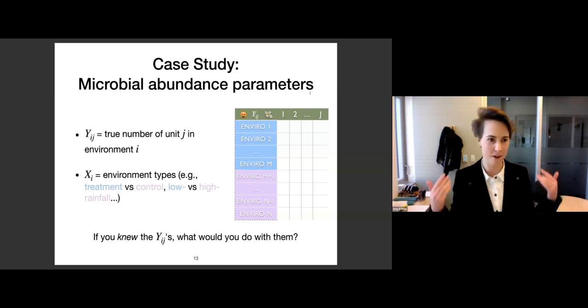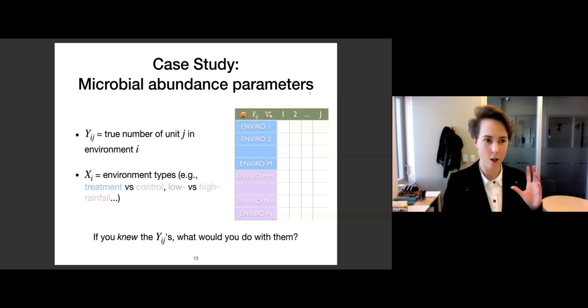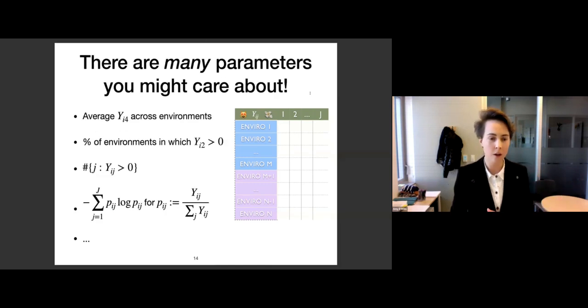And maybe I've paused to give you long enough to think of one, and maybe I haven't. But I'll tell you about a couple that you might be interested in. The first is just the average microbial abundance, the average number of copies of biological unit j, biological unit 4, let's say, across all of our environments.